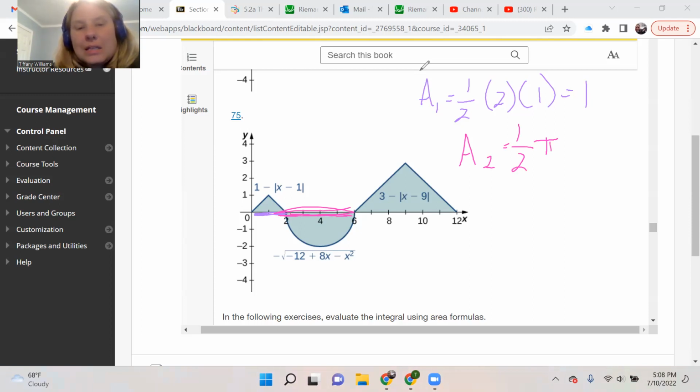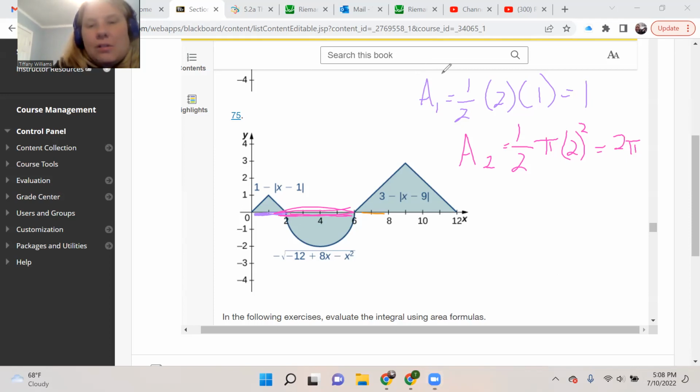Now my radius in this case, my diameter is 6 minus 2 is 4. So my diameter is 4, so my radius is going to be 2. So it's going to be 2 squared. So 1/2 of 4 is 2. This is going to be a 2 pi.